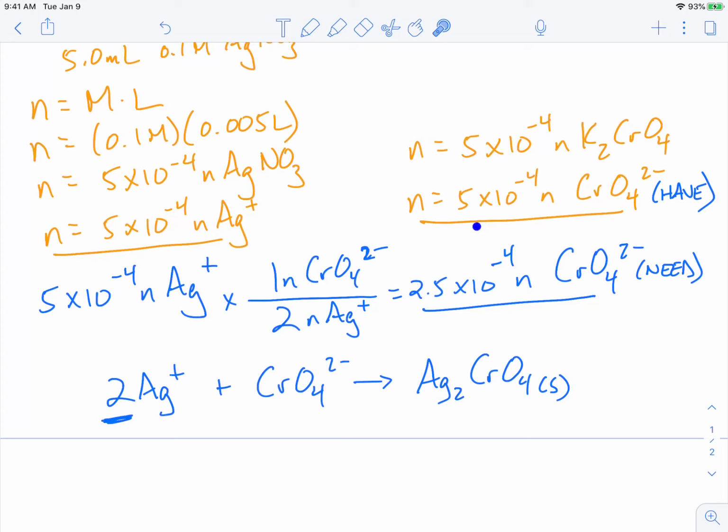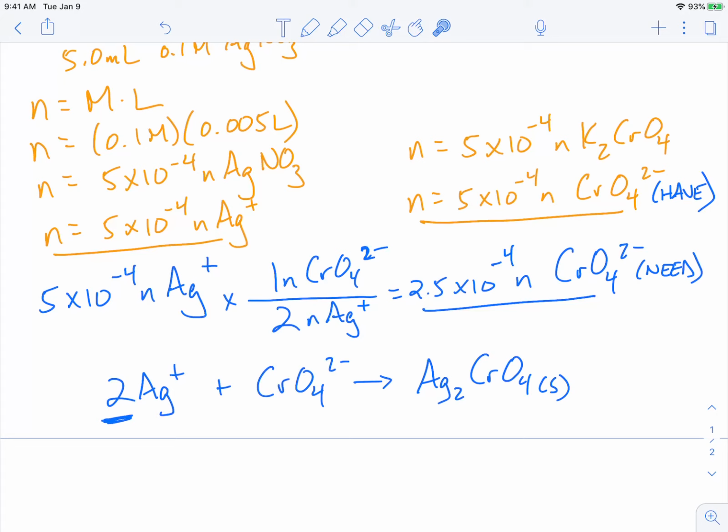So that's the reason that we saw visually that we had excess of the chromate solution. We have more of these chromate ions that haven't reacted. And what we did in the laboratory to verify that, we added more silver, which we had run out of. We added more silver, and we saw more precipitate form, confirming that, yes, we did have excess chromate ions.